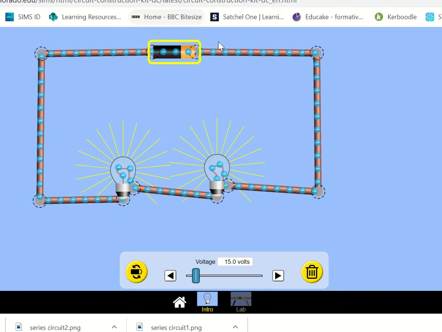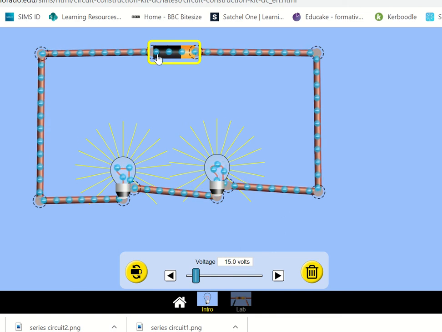Loads of ways of thinking about this. There's plenty of models of how to think about electricity. None of them, to be honest, are perfect, but you quite often see this as a central heating system. So a central heating system can be used to model an electric circuit. Instead of a battery, you have the boiler.